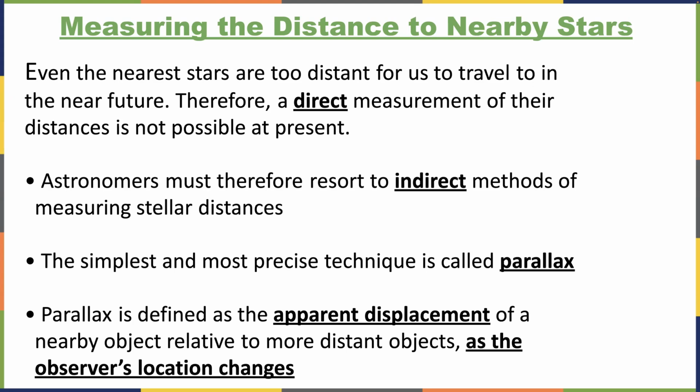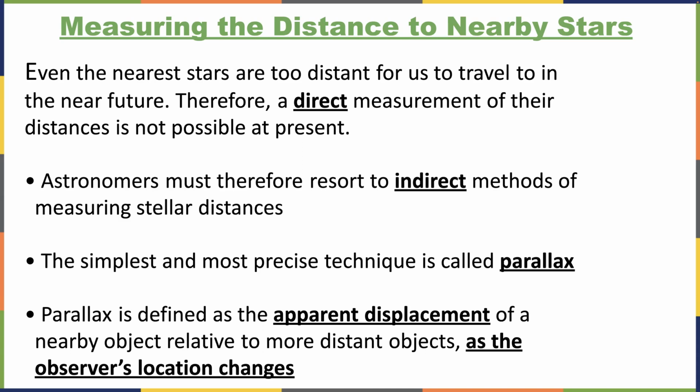Even these nearest stars are so far away from us, we cannot travel to those stars to make a direct measurement. So most of the time, astronomers use indirect methods to measure these distances.